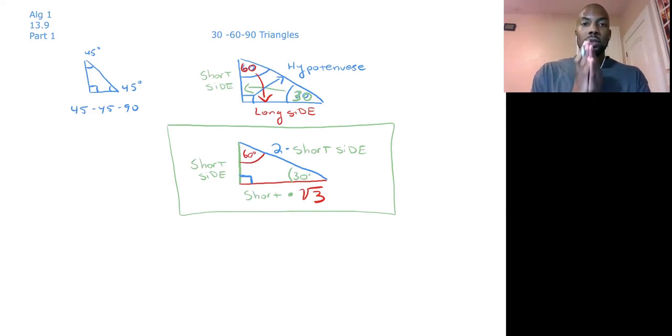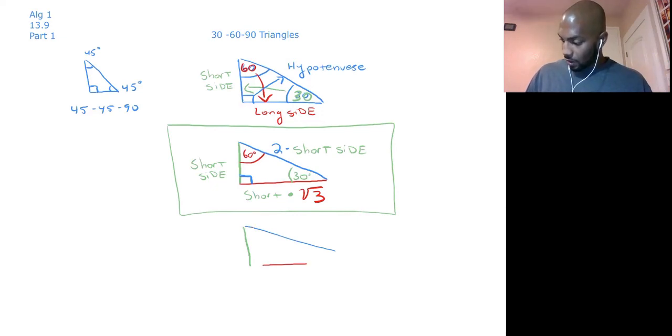All right, let's do an example and figure out how to use this key, okay? I have a problem here. I'm going to draw it out. I've got my short side, I've got my hypotenuse, and I've got my long side.